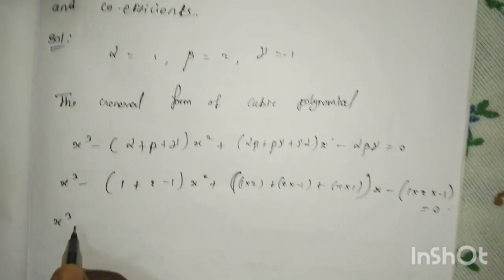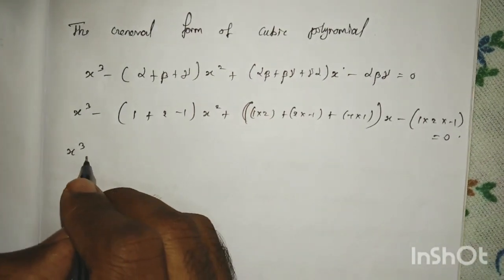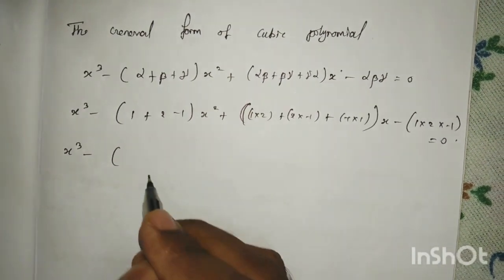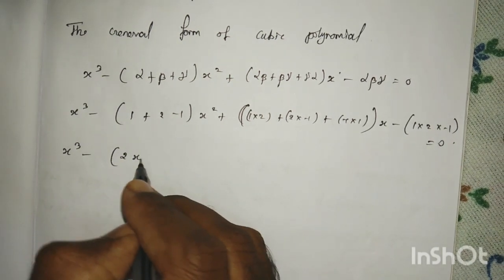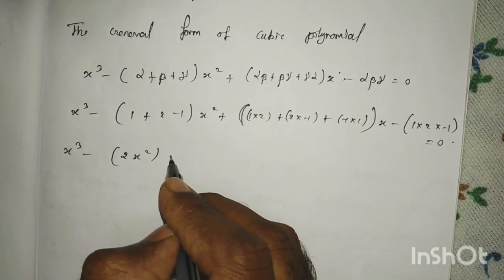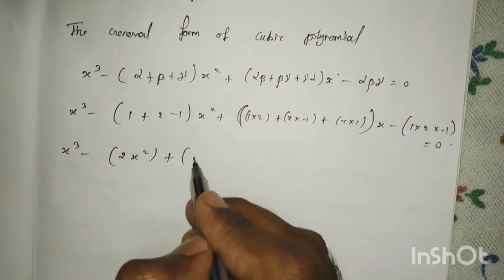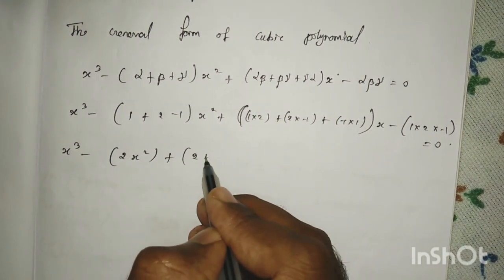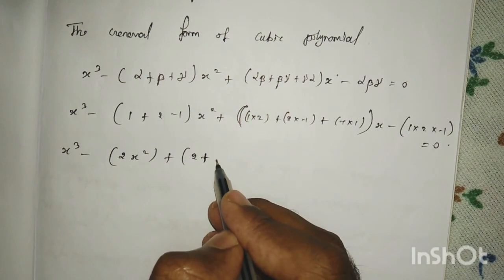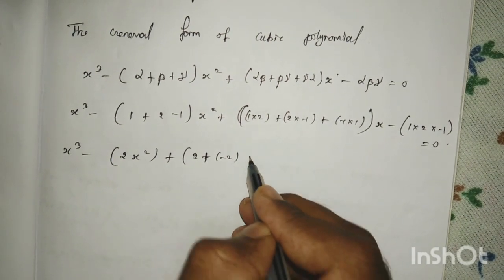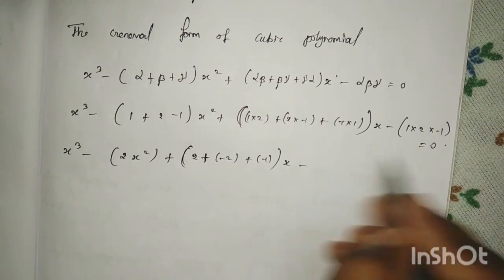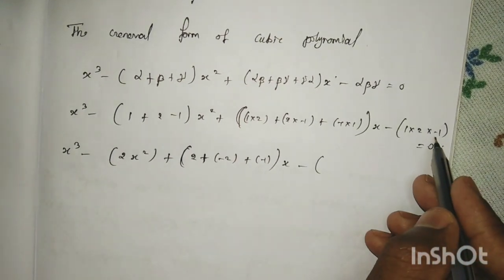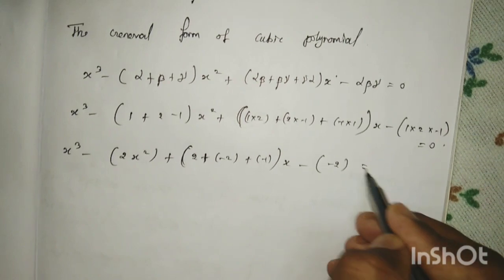Next, x cube minus 1 plus 2, 1 plus 2 is 3, 3 minus 1 is 2, right? So 2x square, plus 1 into 2 is 2, plus 2 into minus 1 is minus 2, plus minus 1, the whole x, minus 1 into 2, 2 into minus 1 is minus 2, which is equal to 0.